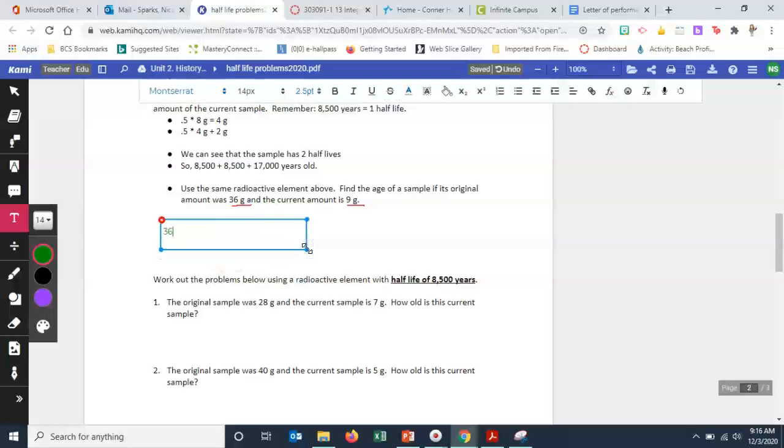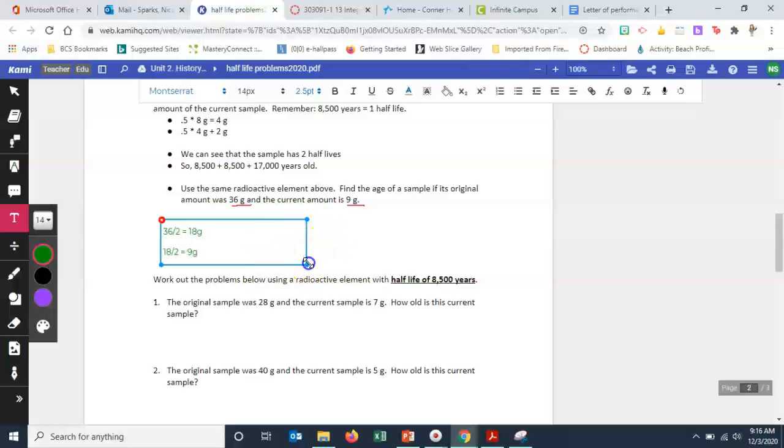We're going to start with 36 divided by 2, and that equals 18 grams. So then 18 grams, got to make it all the way to 9. Divided by 2 equals, clearly that's going to be 9 grams. So once again, 2 half-lives this time around.